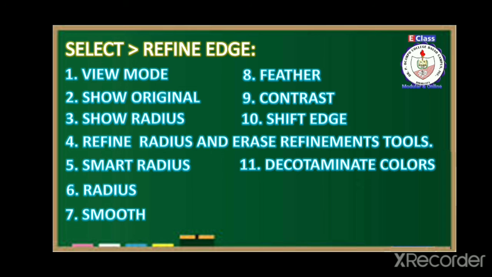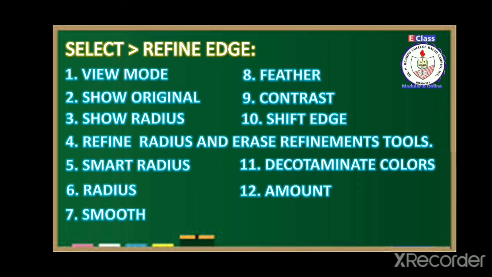11. Decontaminate Colors. It replaces color fringe with the color of fully selected pixels nearby. The strength of the color replacement is proportionate to the softness of the selection edge. 12. Amount.